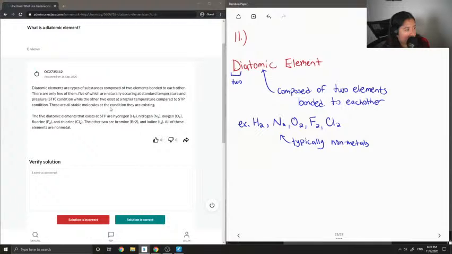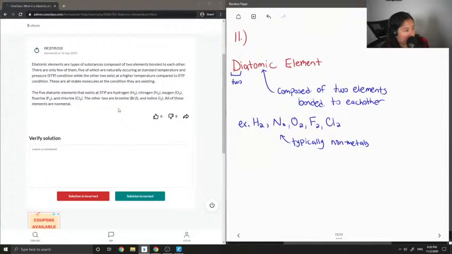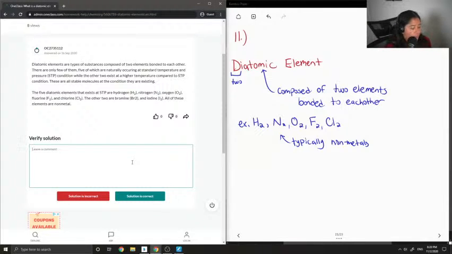These are all stable molecules at the conditions that they exist in. The 5 diatomic molecules that exist at STP are hydrogen, nitrogen, oxygen, fluorine, and chlorine. The other 2 are bromine and iodine. This solution is correct.